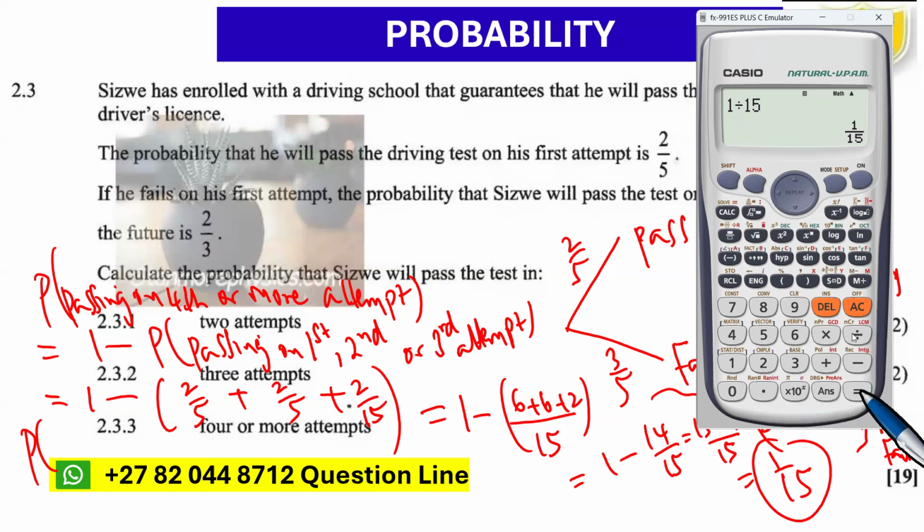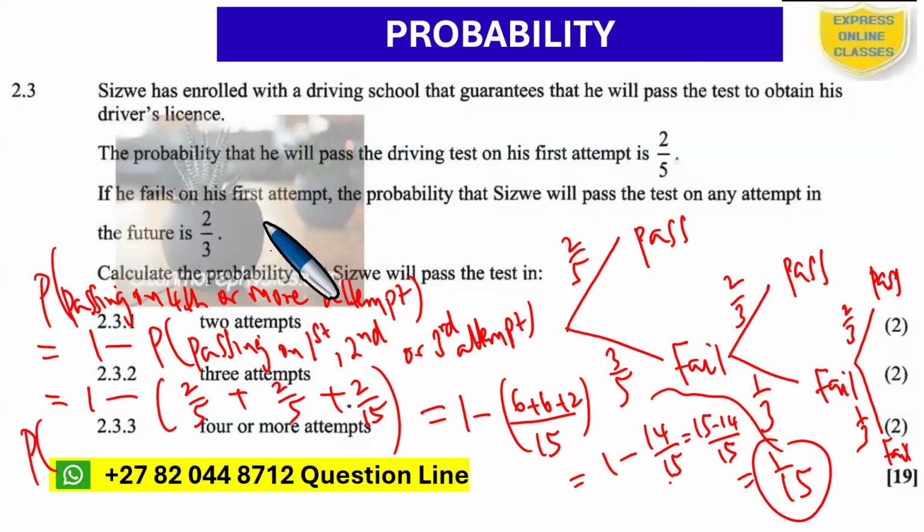What is 1 divided by 15 on the calculator? It is 0.0666 recurring, so you can write 0.07.